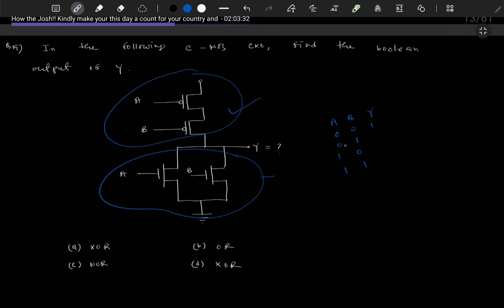In other cases, as A is 1, NMOS is on, so output will become 0, again it is 0, again it is 0. So Y equals A bar B bar, which is (A plus B) whole bar, means it is a NOR gate. Option C.